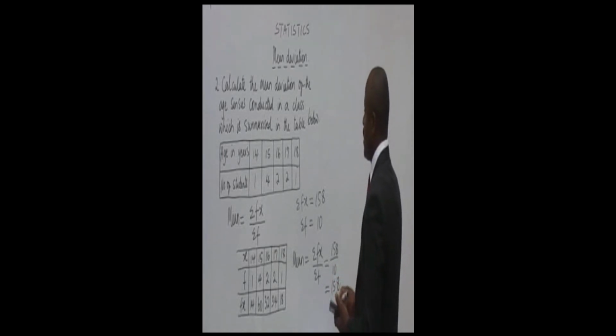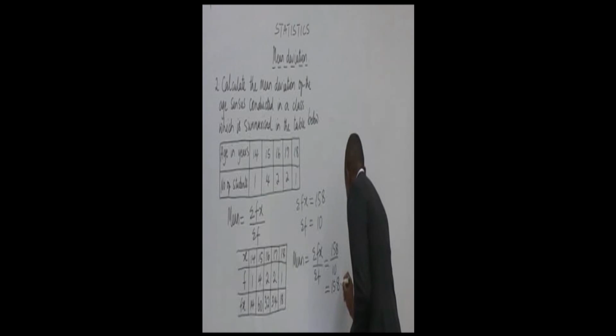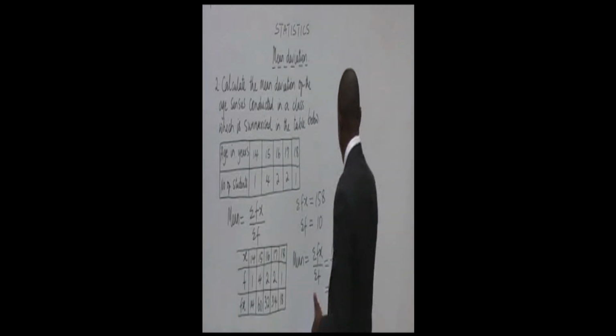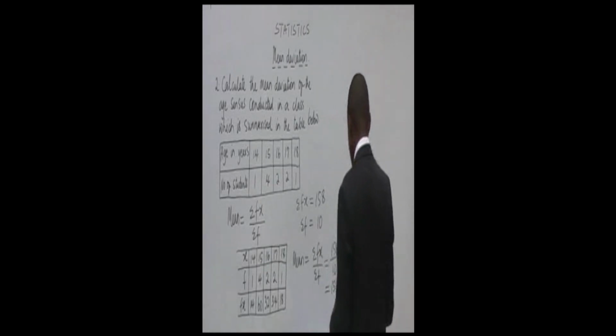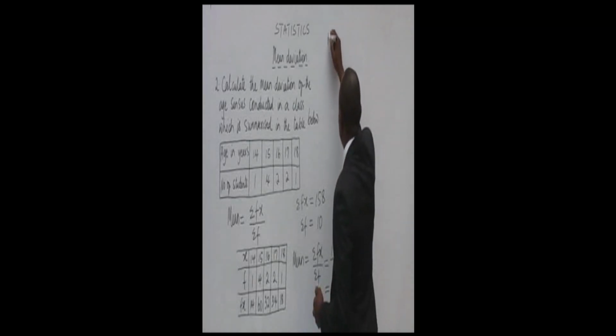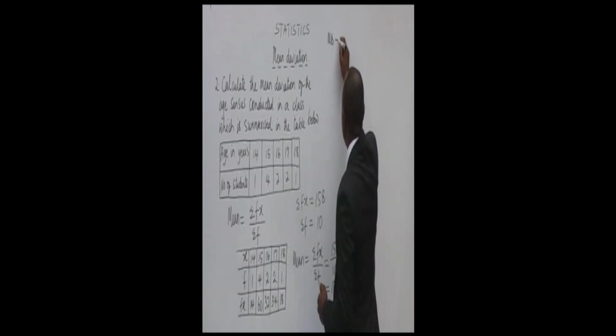And that is in years, because we are talking of the age of students. So this is our mean age, 15.8. We are going to use this mean age now to calculate our mean deviation, MD.